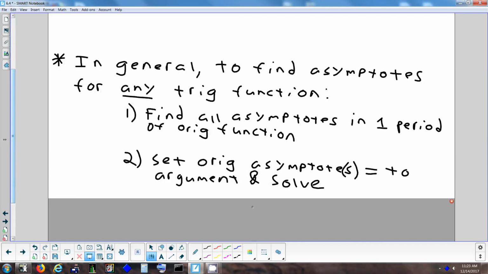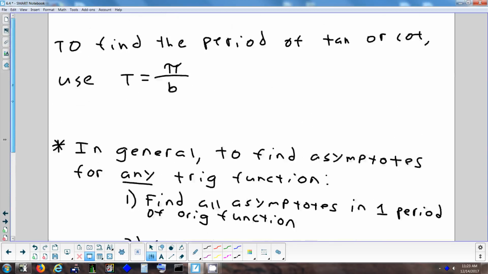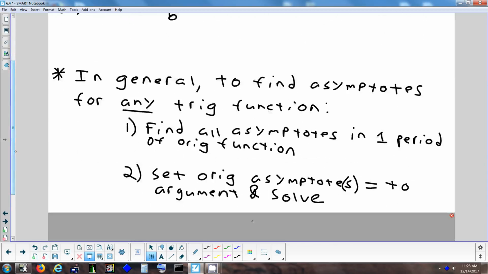All right, so now how do you find where the asymptotes could shift to? Because remember, if you do a transformation, not only does the graph move, but everything about it moves. Asymptotes are going to move too. So take your original asymptotes, plural if there's more than one. For tangent and cotangent, there isn't.